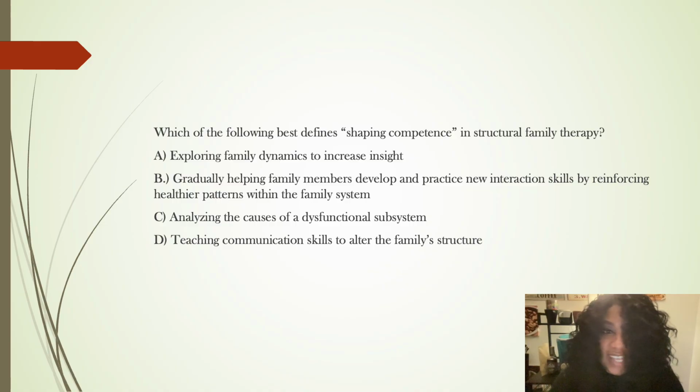But if you take a look at B, we're having family members develop and practice new interaction skills, and we're doing it gradually, slowly shaping what they are learning to work for the family system in order to reinforce healthier patterns, making B your best answer.